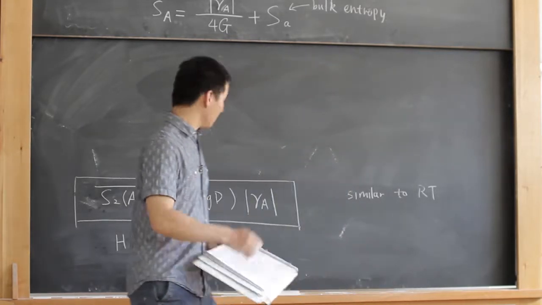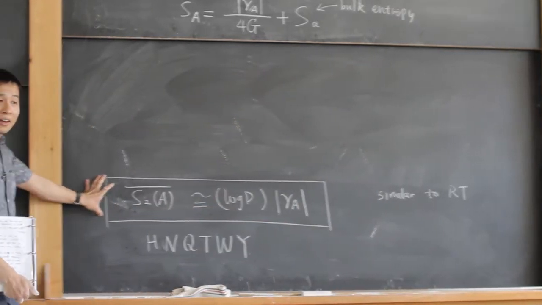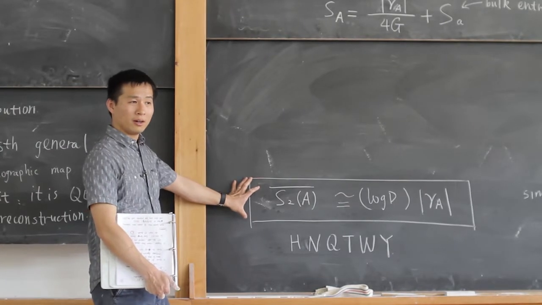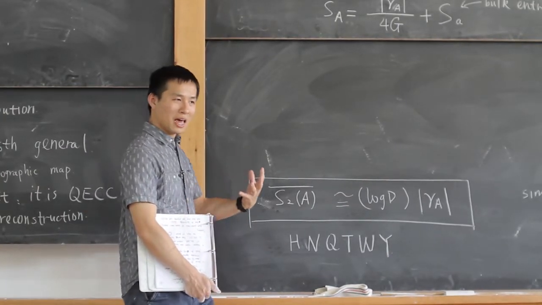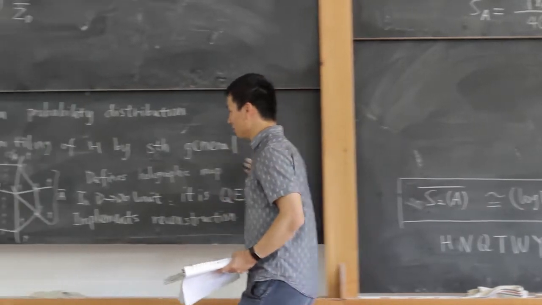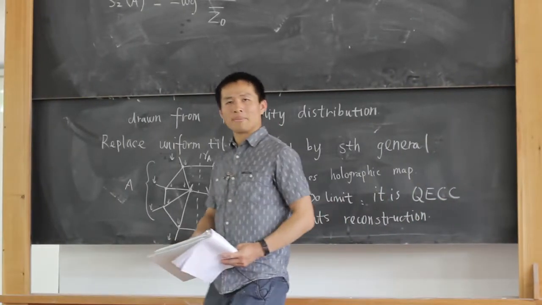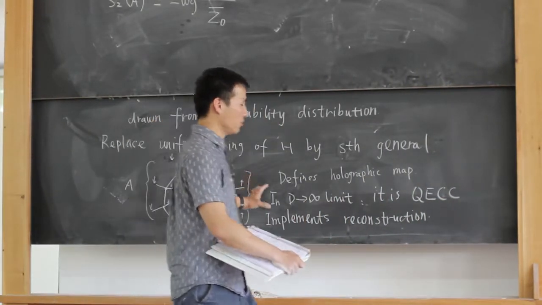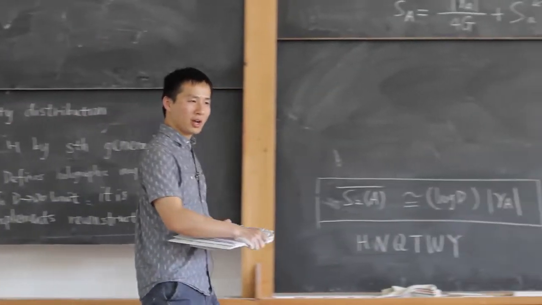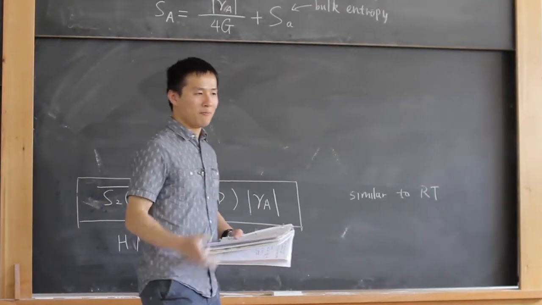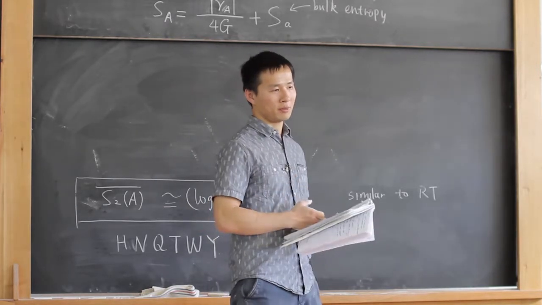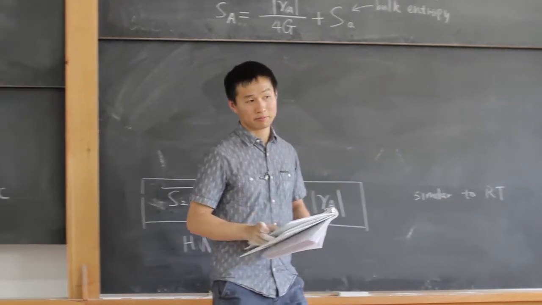So if this is not going to be satisfied away from the large D limit, then you can see that there are going to be issues. These statements about quantum error correction and bulk reconstruction will be approximate.